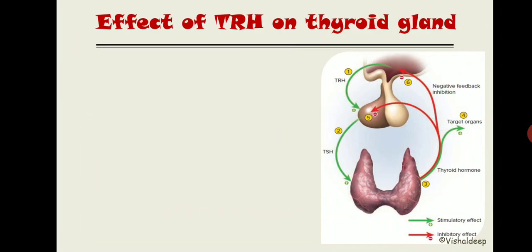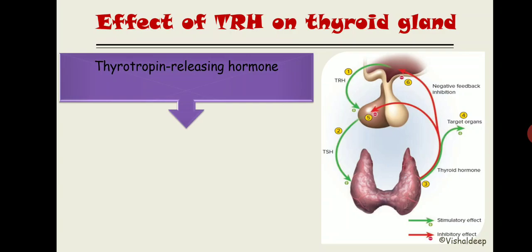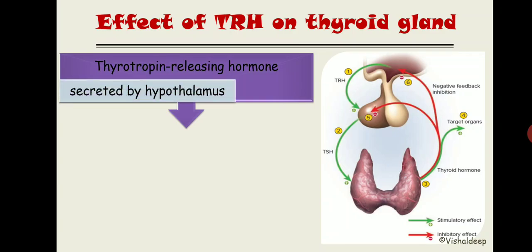Now as you know, the full form of TRH is thyrotropin releasing hormone, right? It is secreted by the hypothalamus. This TRH is the only peptide hormone having a 3 amino acid sequence. It is a tripeptide. And which nuclei of the hypothalamus secrete TRH? If you remember, it is the paraventricular nuclei.